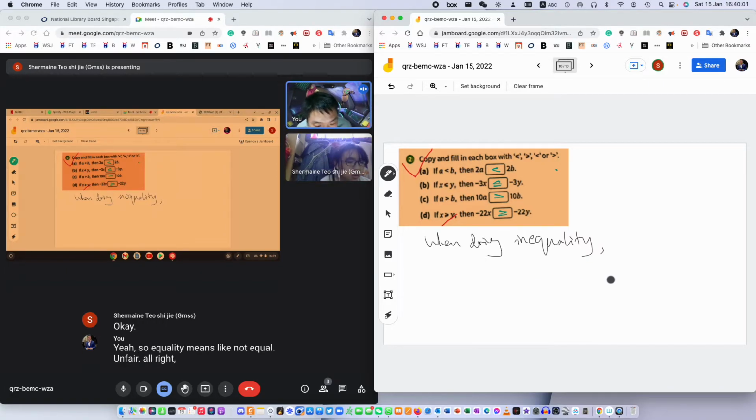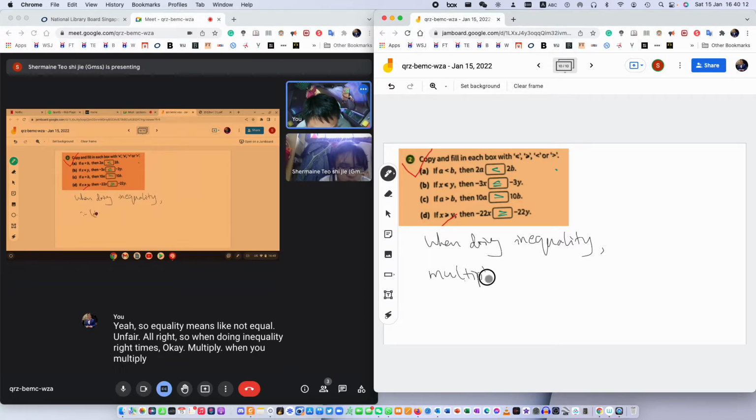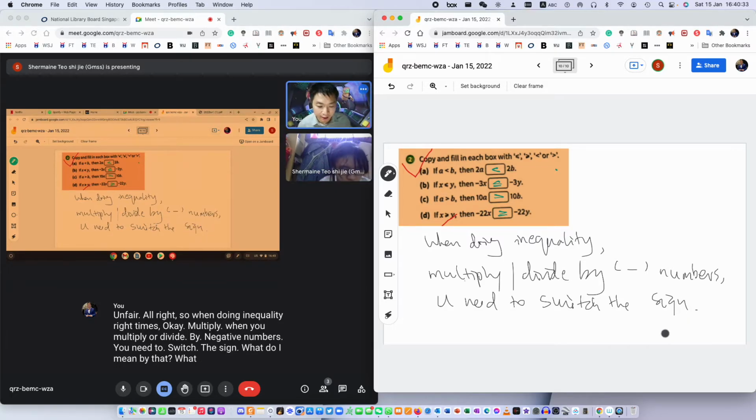So when doing inequality, when you multiply or divide by negative numbers, you need to switch the sign. What do I mean by that?